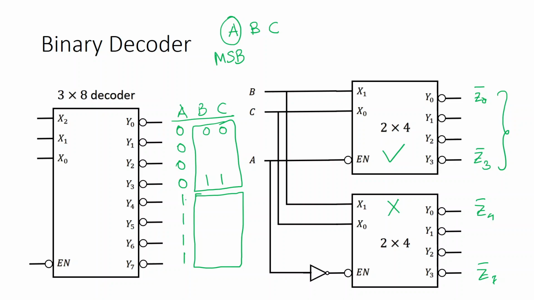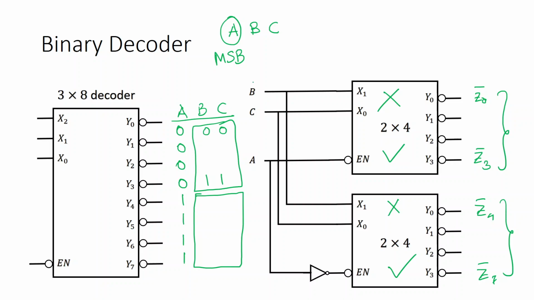Now when you come to the last four combinations, since A will always be 1 in the last four combinations, the first decoder will remain inactivated and the last decoder will get activated, and you will have your pins from Z4 to Z7 bar getting activated. Whichever pin is required to be activated will become activated, because B is supplied to X1 and C is supplied to X0.